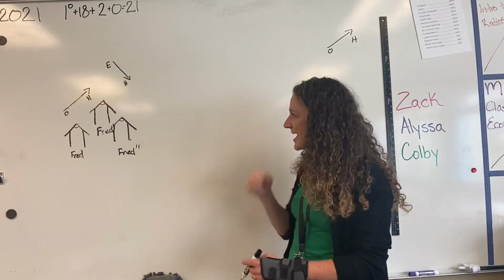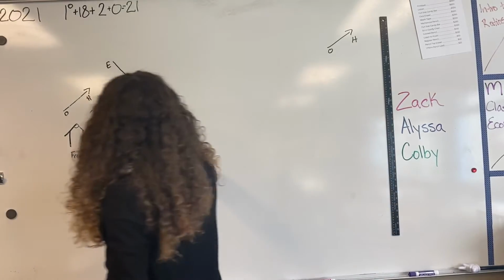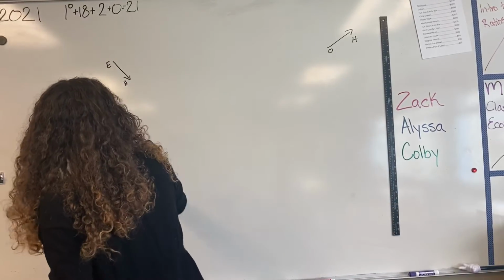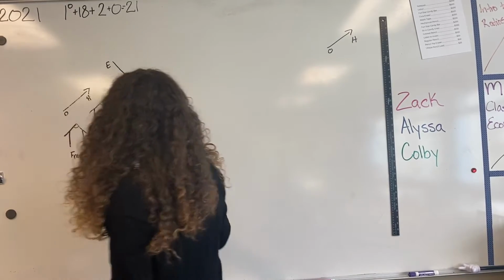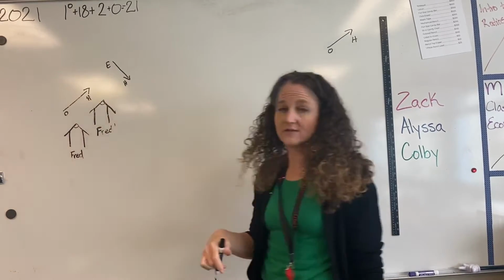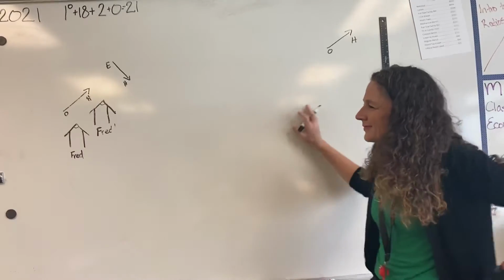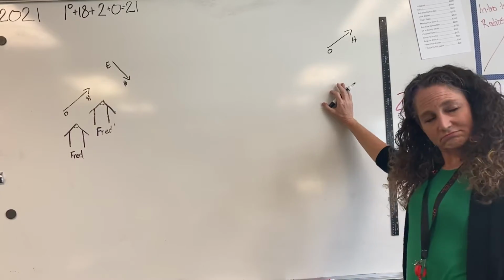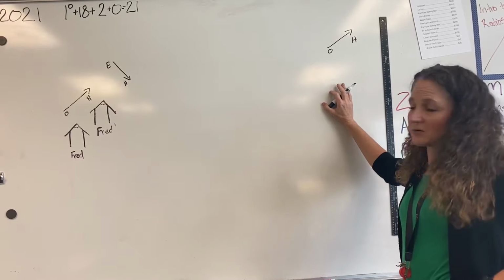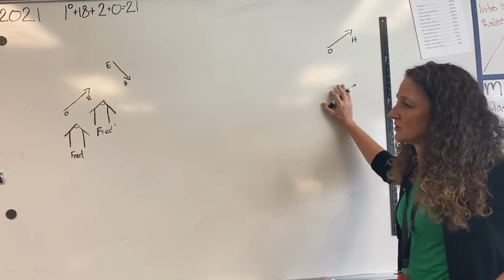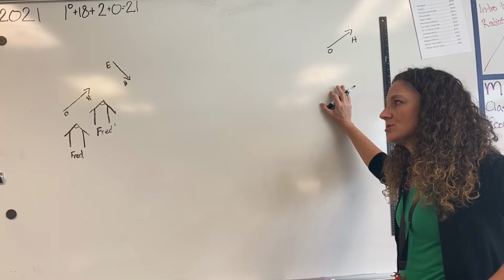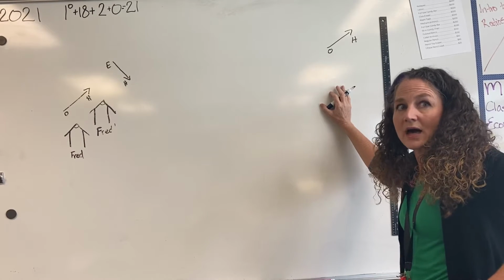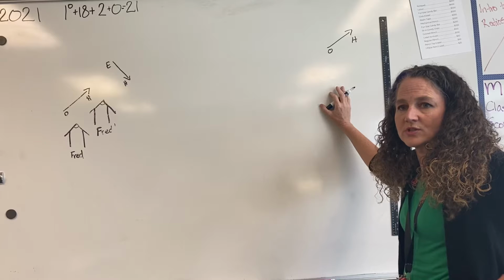Okay, now let's pretend for a second here that I've moved Fred along vector OH to the location of Fred Prime. And I don't like it. I don't want Fred to be there anymore. What vector would I use to move Fred Prime back to Fred, the original location?